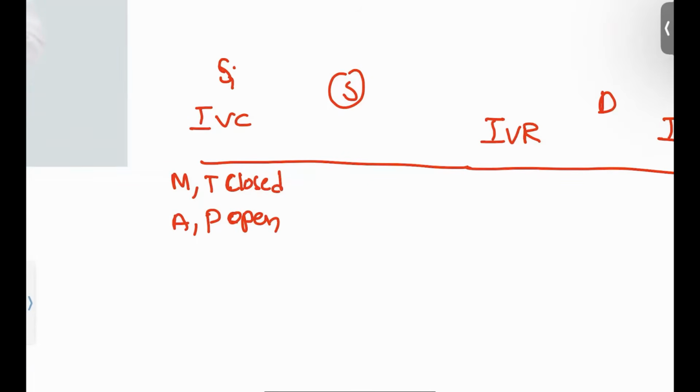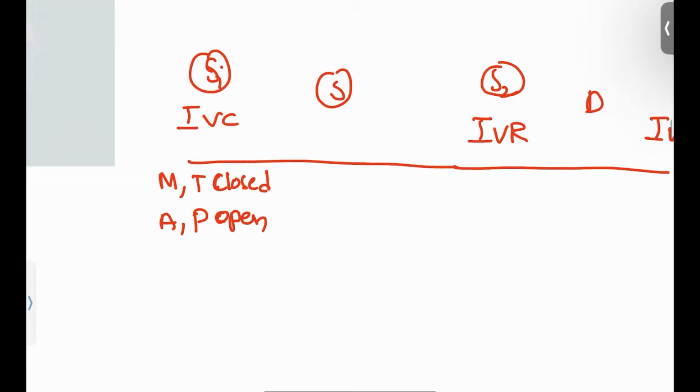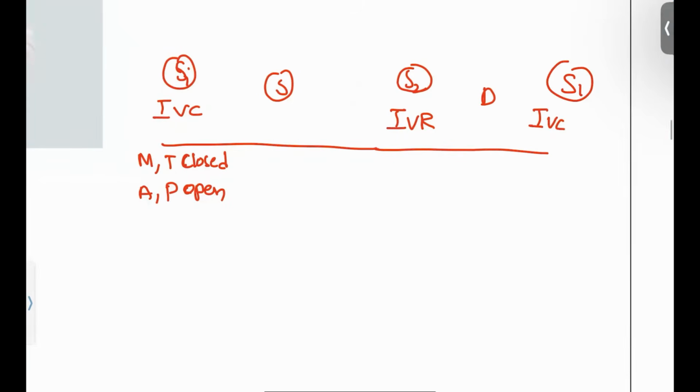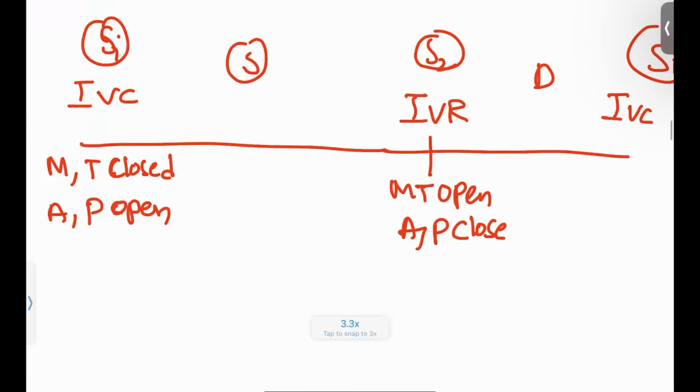S1, S2, and again S1. In the other phase, the mitral and tricuspid valves are open, and the aortic and pulmonic valves are closed. When the mitral and tricuspid valves are closed, they try to regurgitate, so you will hear mitral regurgitation and tricuspid regurgitation here.